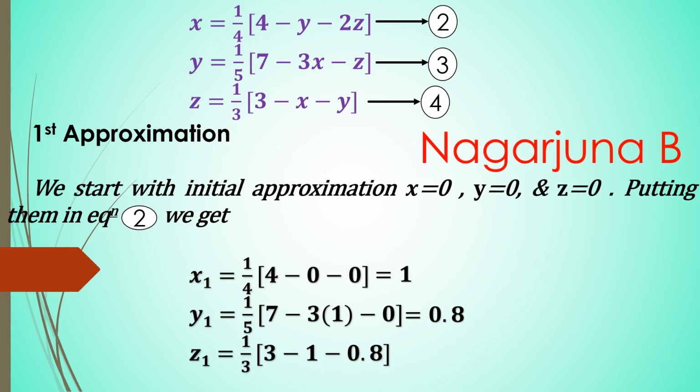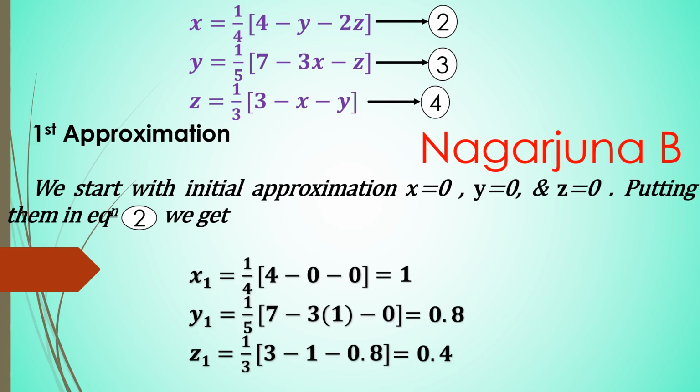Upon simplification, in the calculator, we type: open the bracket, 1 divided by 3, close the bracket, into, open the bracket, 3 minus 1 minus 0.8, close the bracket, and that answer will be 0.4.